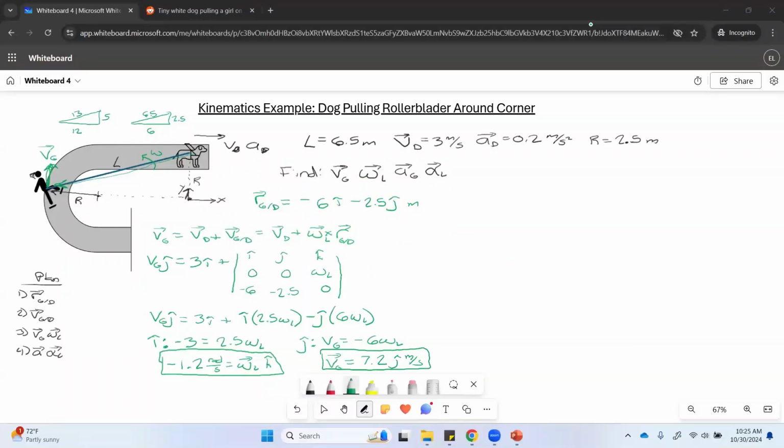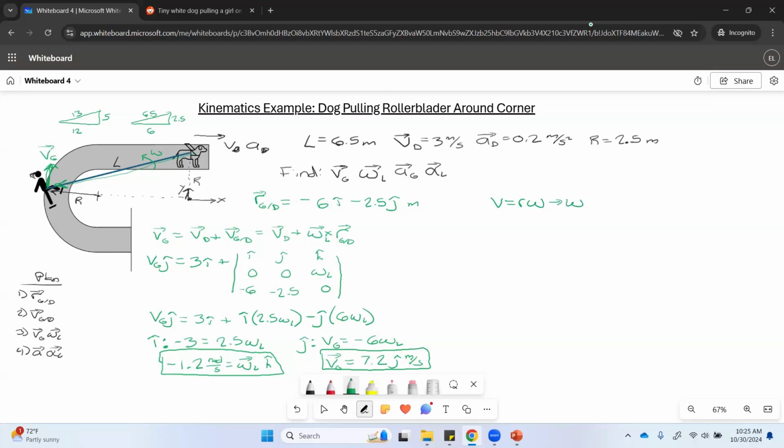An alternative way to solve for velocity is to use similar triangles and ratios. So we'll do that over here on the right side. We know that V equals R omega. That is the standard linear versus angular relationship.